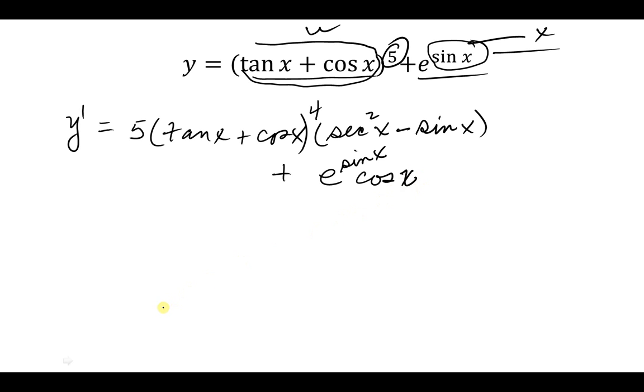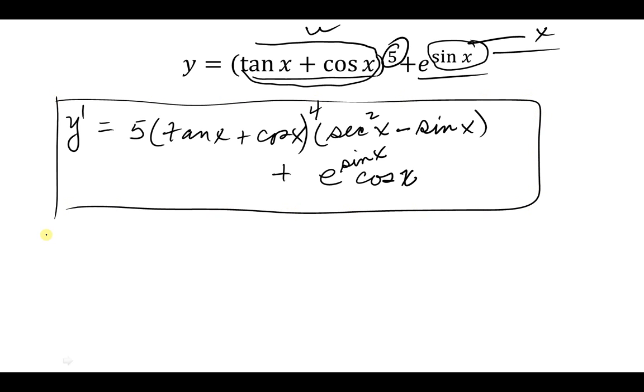So to tell you the truth, we don't really have to write anything else down. If you insisted on it, and maybe one of the answers in the multiple choice might look like this.